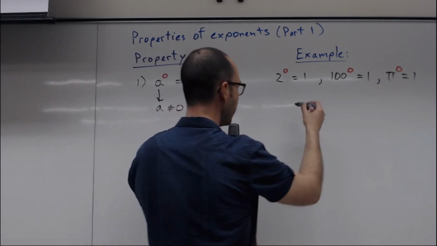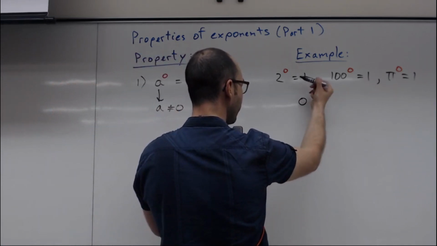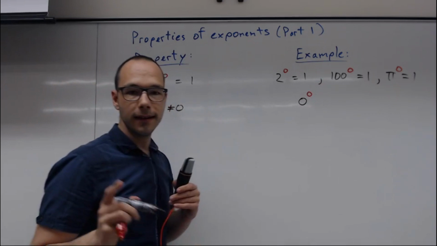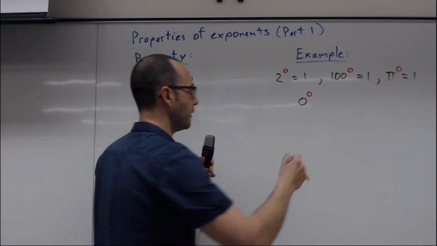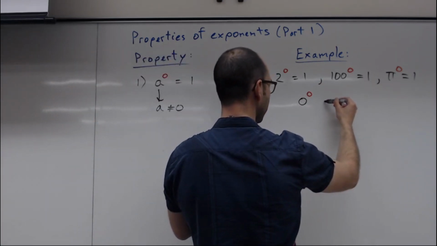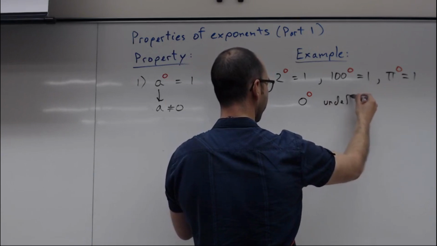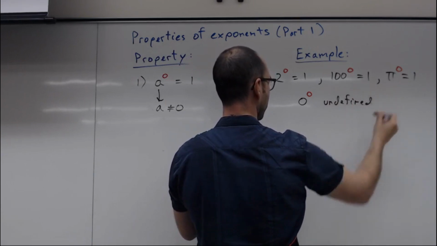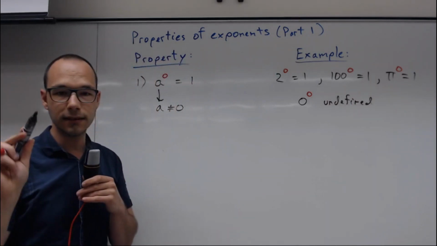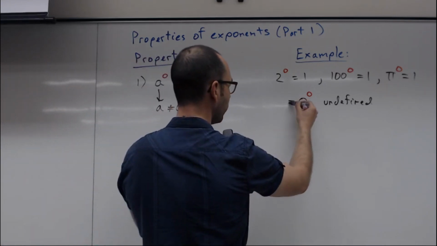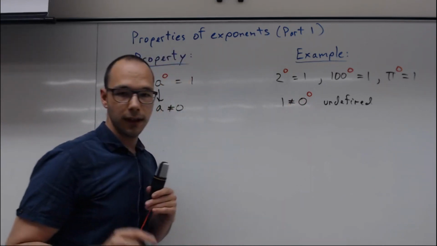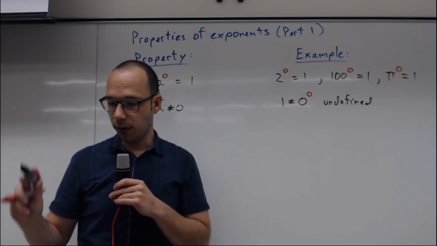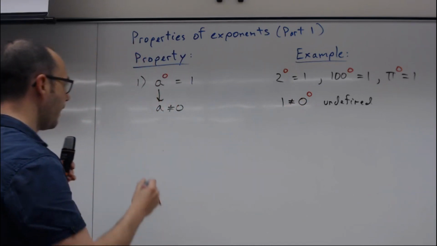You got to be very careful, because if you have 0 to the power of 0, this is undefined in math. So this is not equal to 1. It is undefined. So got to be careful with that.